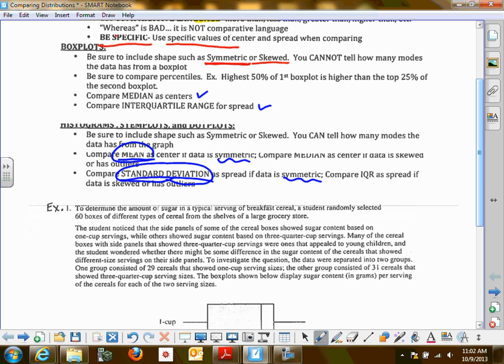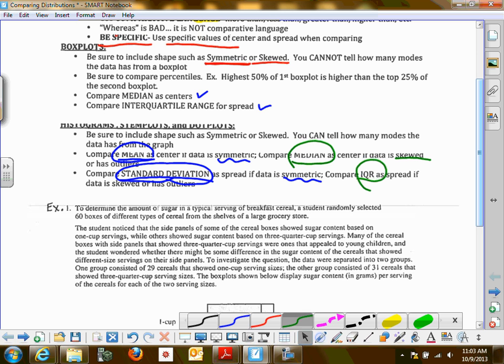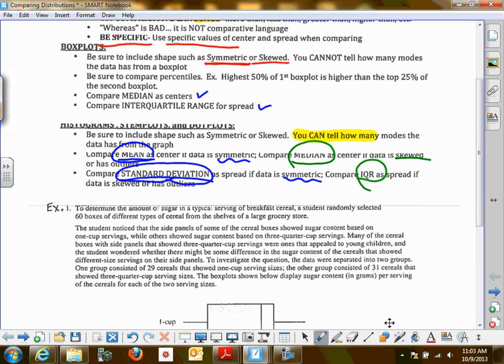Because if the data is not symmetric, then the mean and the standard deviation are being altered. So in the event that you have skewed data or outliers, what should you use? Medians and IQRs. And on these, you can tell how many modes there are on a histogram and such.